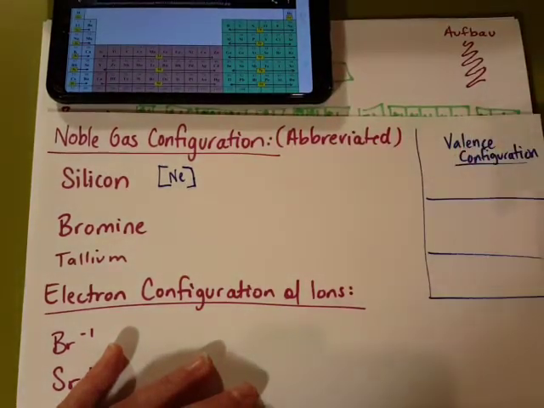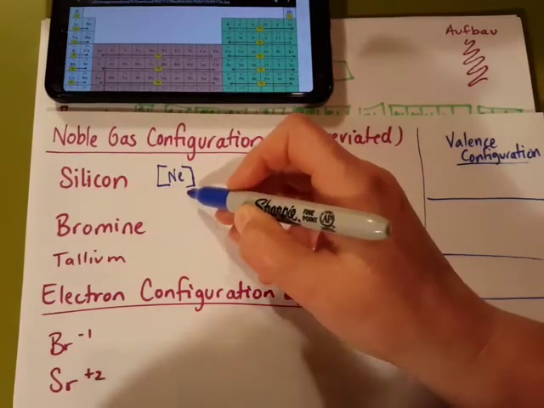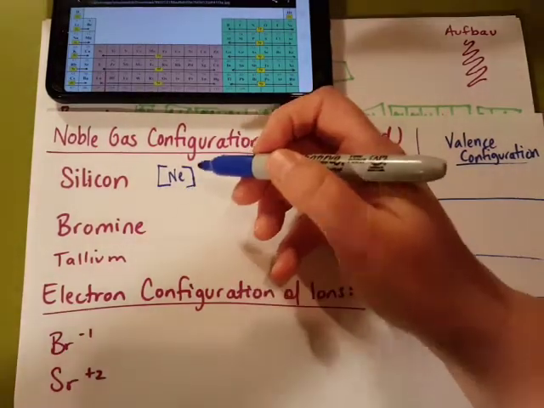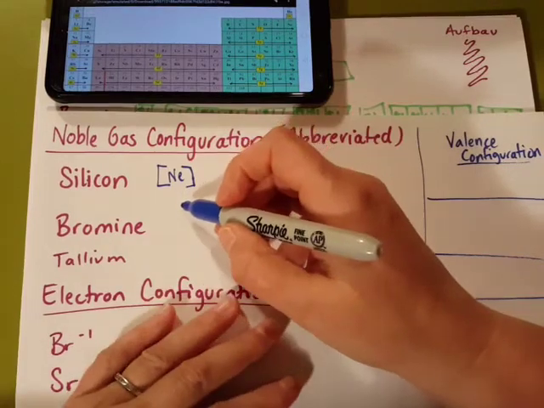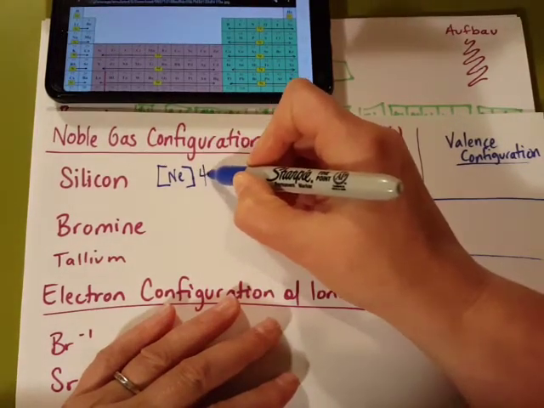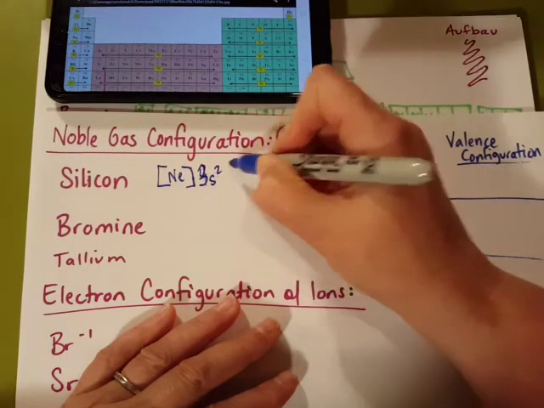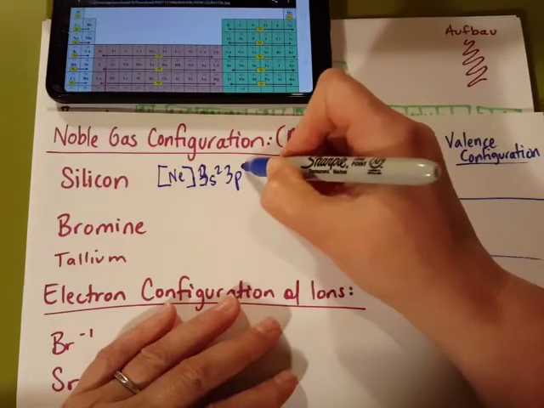And then we would start to build the silicon configuration after Ne. Every chemist knows the configuration of neon. So now let's build it from there. 3s2, 3p2.